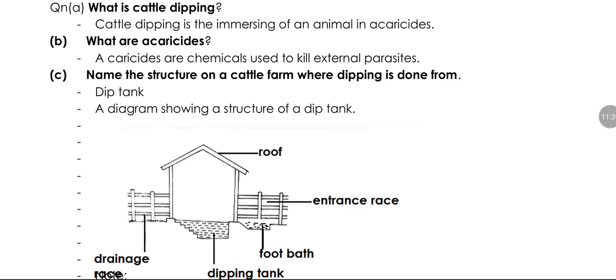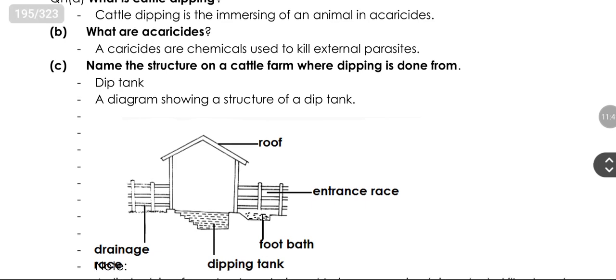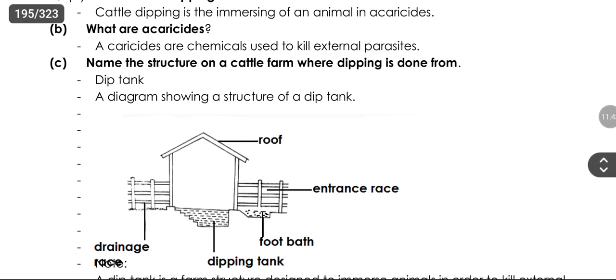What happens is, you're seeing on this dip tank, there is what we call the entrance race. There is where you have the foot bath. There is where you have a dipping tank. There is where you have the drainage race. There is where we have the roof. So the cattle come and pass through the entrance race.